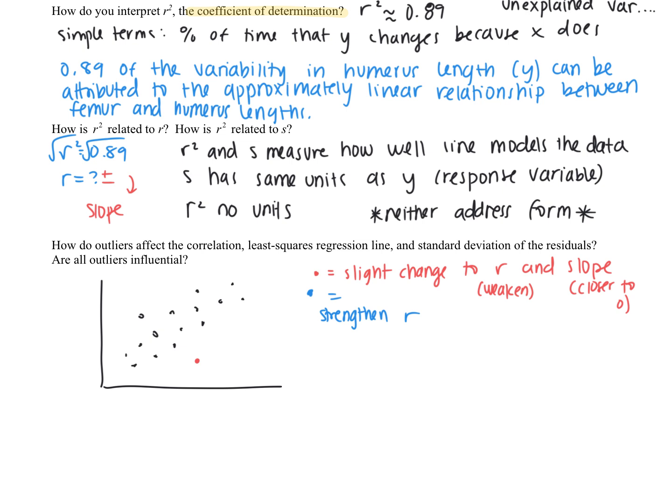It follows the trend, so I don't know how much it's going to change the slope, but it might make the slope a bit closer to 0 also. And what did we call that point in the warm-up? High leverage. A high leverage point. I don't use that terminology, but if you see that terminology again, it just means does the point have an influence, a big influence.